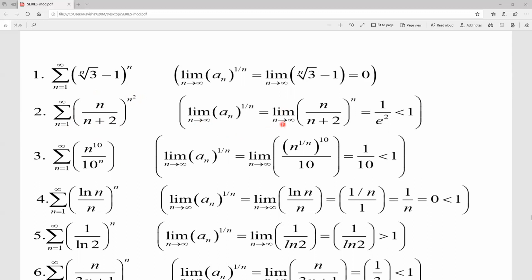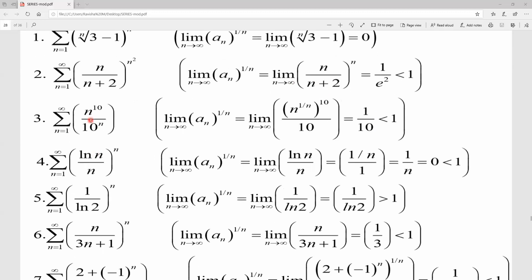Take the limit as n tends to infinity of this term to the power 1 by n, so n squared and 1 by n give n. Taking n outside, this is 1 by (1 plus 2 by n) whole power n. This can be written as 1 by e squared. 1 by e squared is less than 1, therefore the series is convergent by the root test.